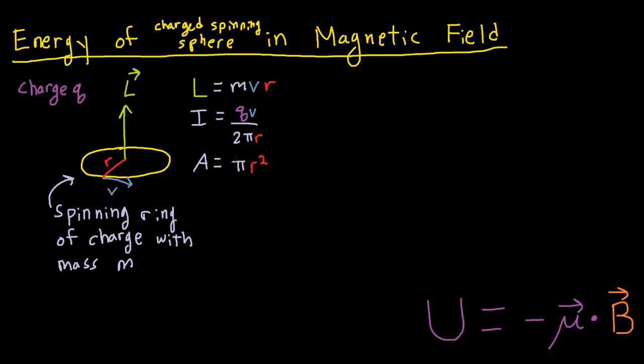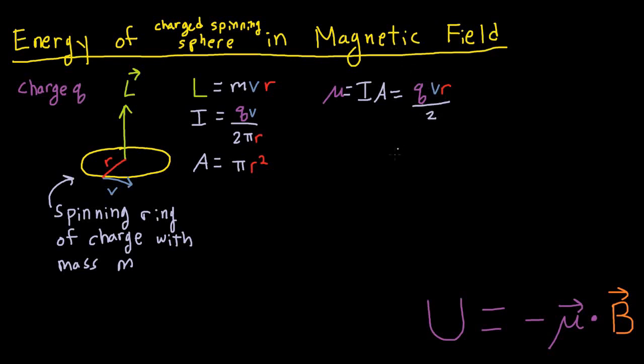So now that we have the current I and the area A, let's write what mu is, where mu is the magnetic moment. Now this is equal to I times A, which is equal to Q v R over 2.